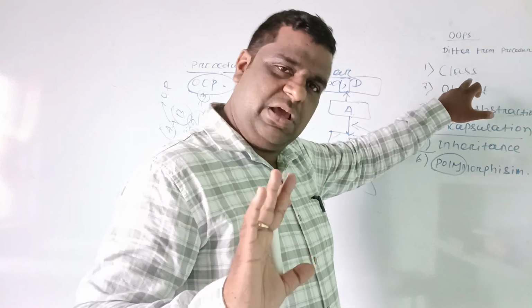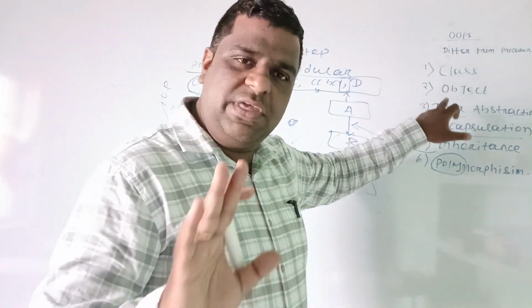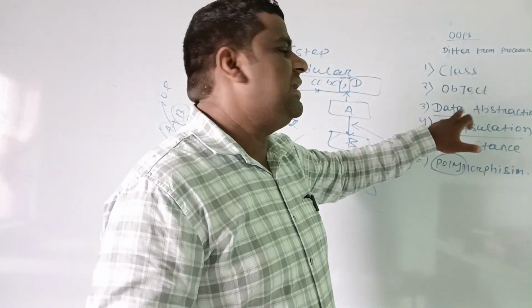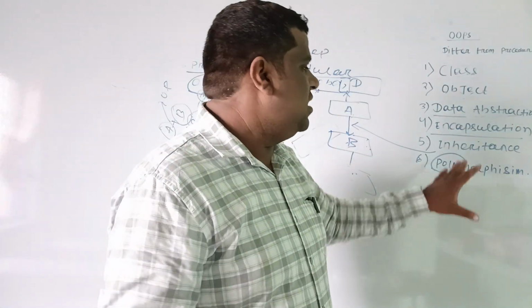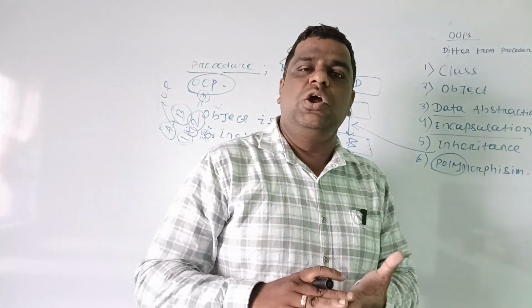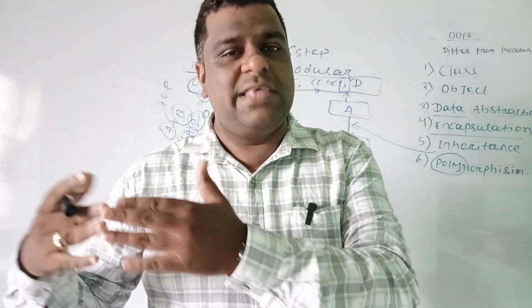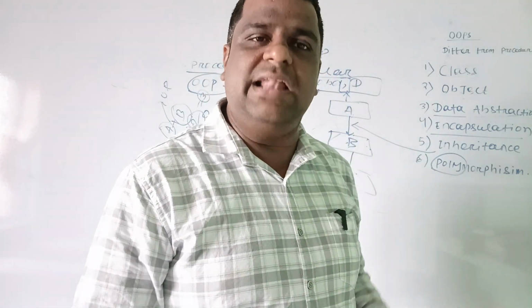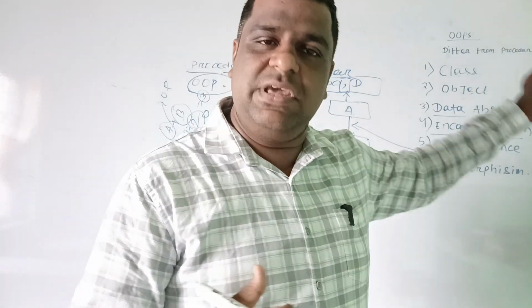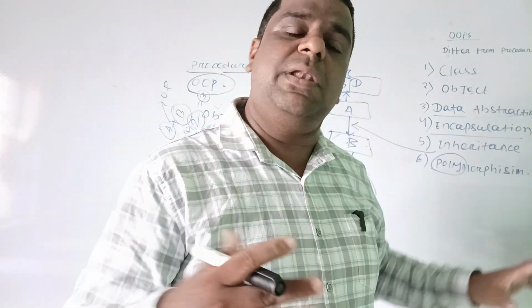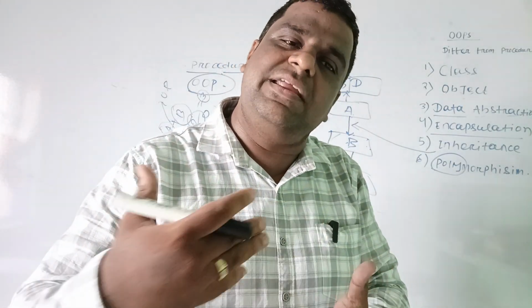Class I have already explained. Object means the blueprint. Data abstraction means the background properties. Encapsulation, the practical things, I will explain in a separate video, including the syntax used and how to write a program using these concepts.